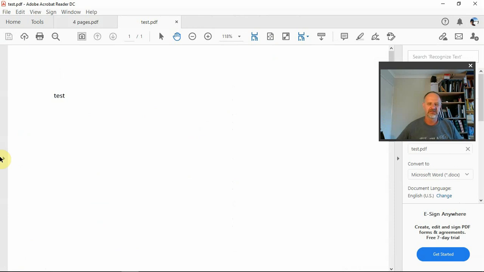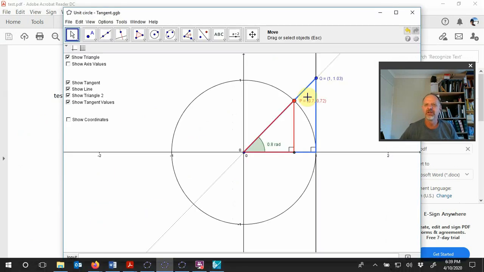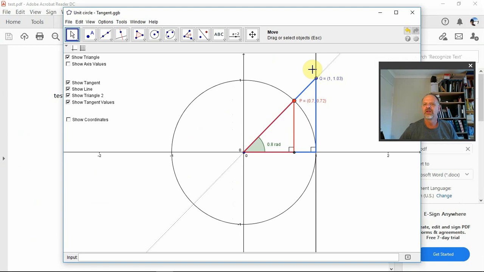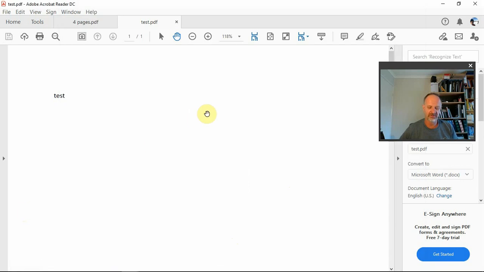All right, so I was waffling on here. So my blue triangle, that length here is my tan definition, so tan of my angle, and it relates to this, which is sine of my angle. So the length of that side divided by the length of that side. That's what I'm going to do.